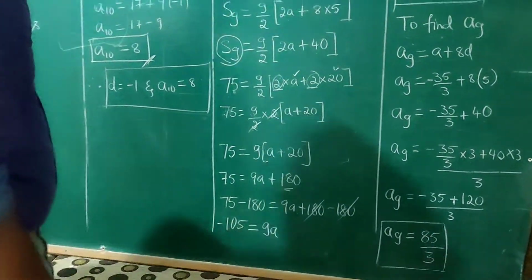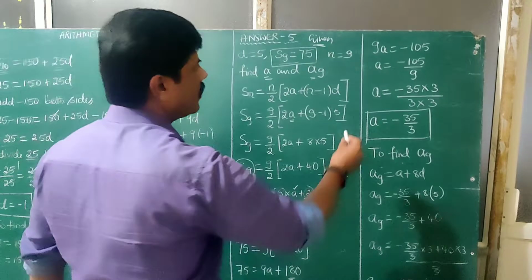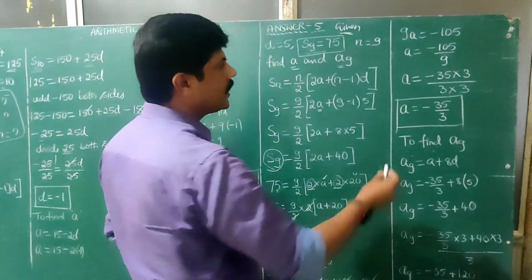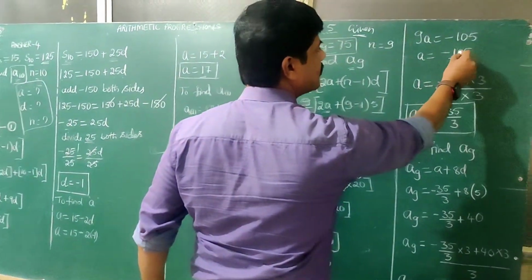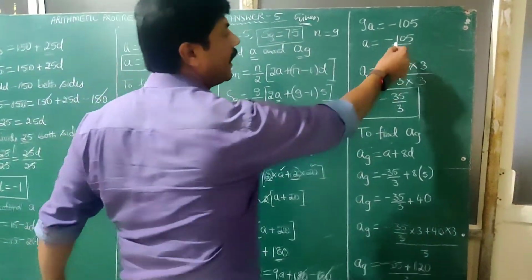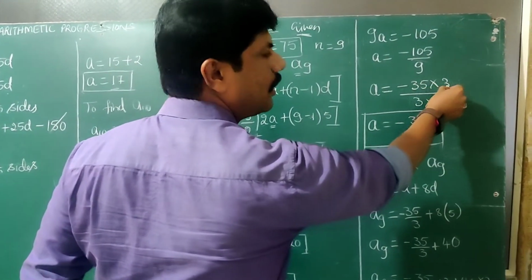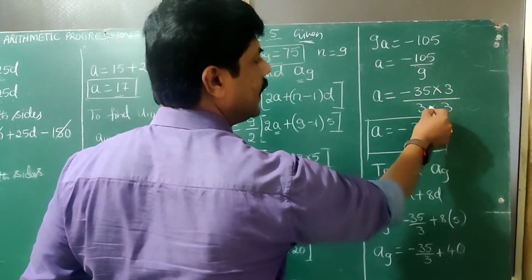Now divide by 9 on both sides. After dividing both sides, you will get A is equal to minus 105 by 9. This 105 can be factorized as 35 into 3, and 9 is nothing but 3 into 3.